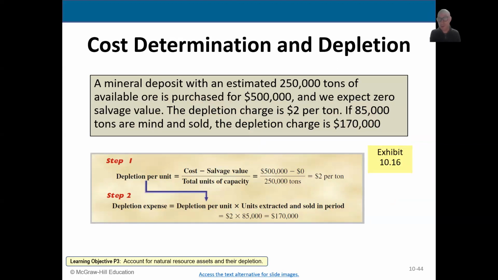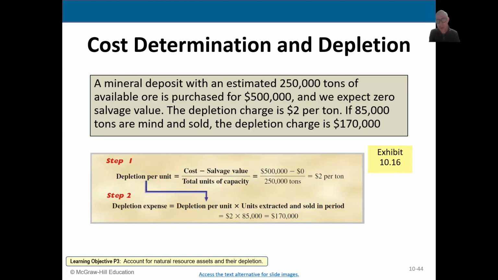There's an estimated 250,000 tons of raw ore, purchased for 500,000 with zero salvage value. The depletion charge is $2 per ton. If we mine 85,000 tons, the depletion charge is 170,000.